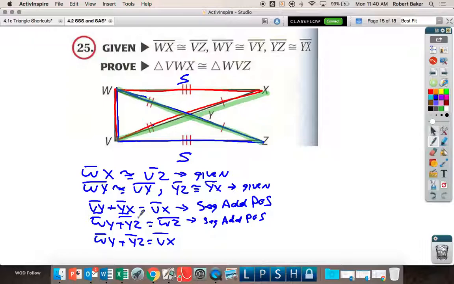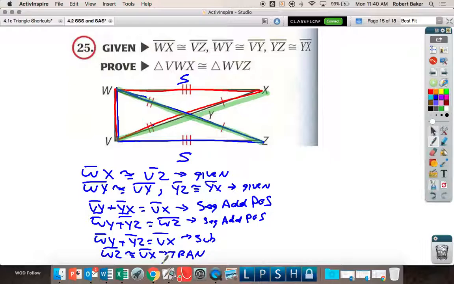So, substitution. And then I'm going to use the transitive property to connect these two statements. If WY plus YZ equals WZ and WY plus YZ equals VX, I can say those two things are congruent to each other by the transitive property. So WZ is congruent to VX, transitive property.